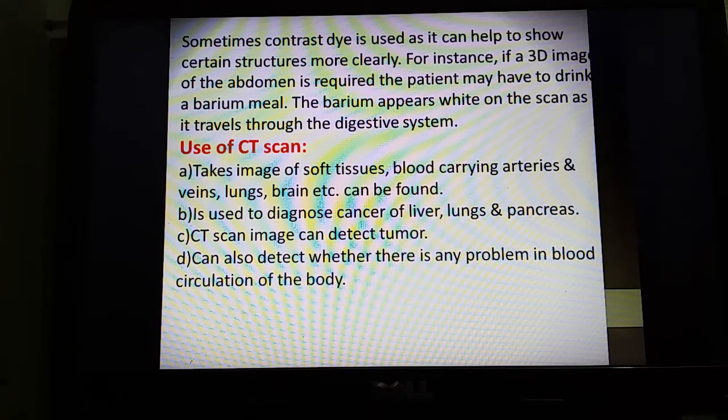For instance, if a 3D image, or three-dimensional image, of the abdomen is required, the patient may have to drink a barium meal.